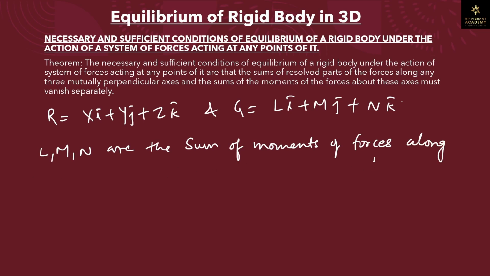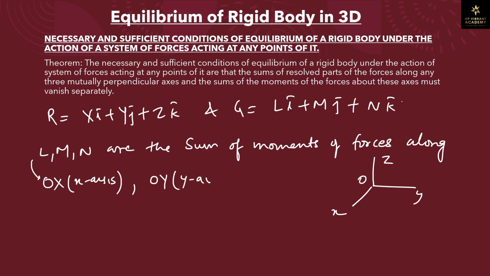Let us take the coordinate axes like this: this is O, this is X, this is Y, this is Z. So L is the sum of moments along OX, that is the X axis. M is the sum of moments along the Y axis, OY, and N is the sum of moments along the Z axis, OZ, respectively.